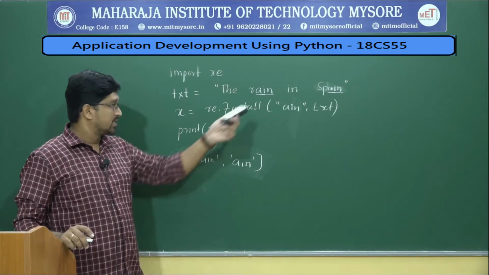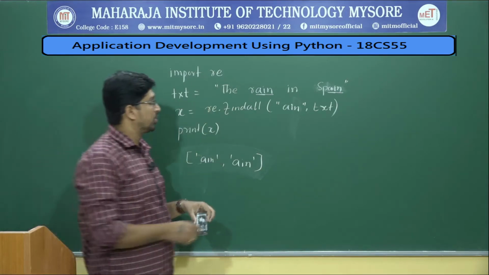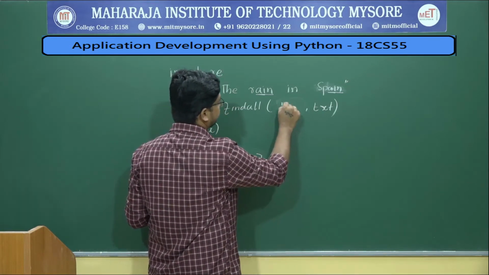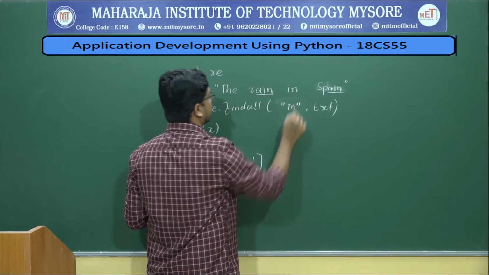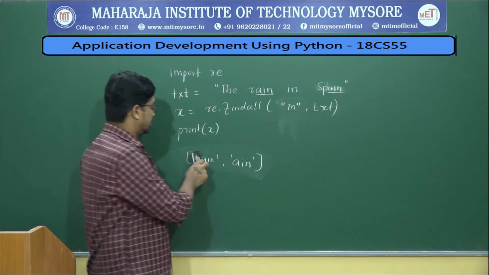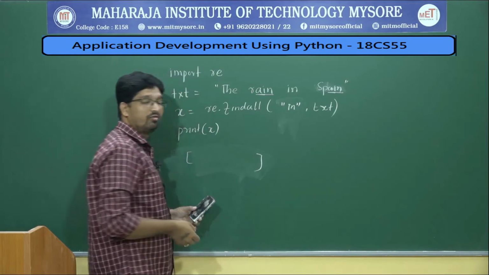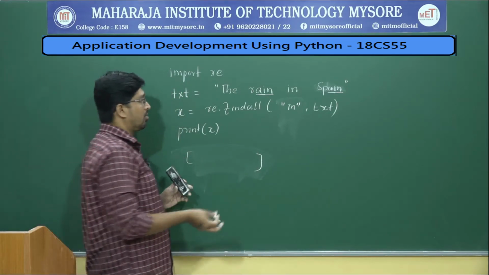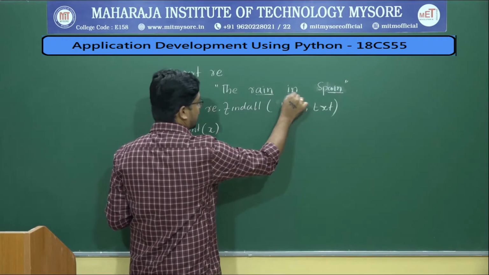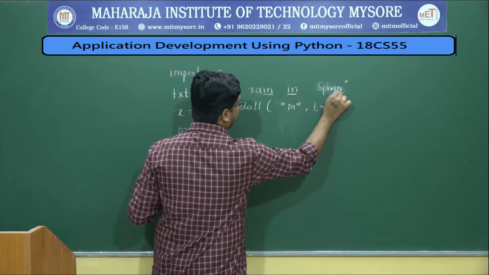Next, let us say I want to search for just the word "in". What is the result? Can you find the occurrences of "in"? We have "in" the first time, the second time, and a third time.